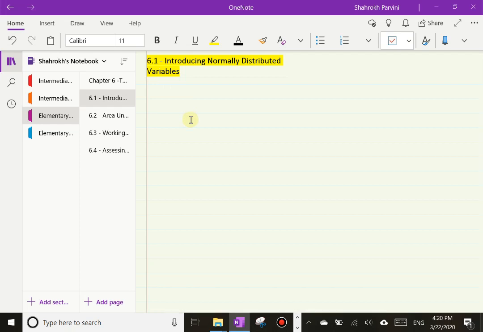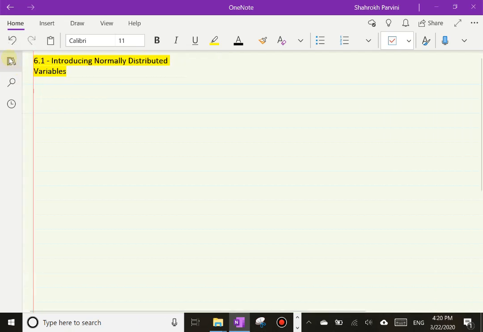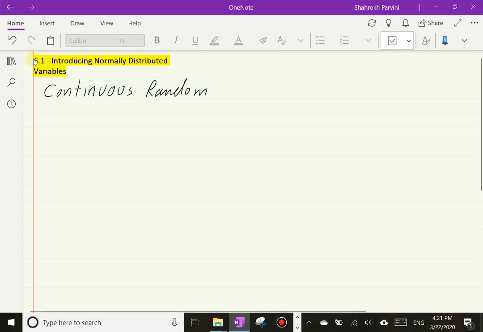Now, before we actually look at the normal distribution, let's talk about a continuous random variable. Now, we already know about continuous variables. The only difference now is that we added the word random to it.